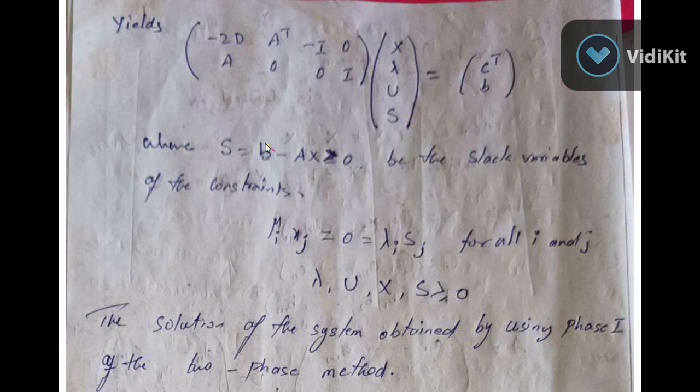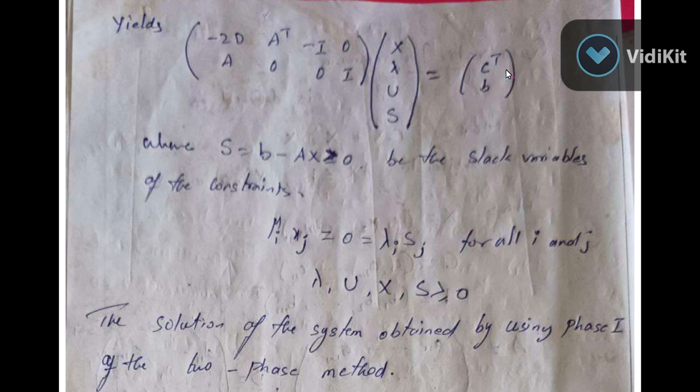S is equal to b minus Ax, which is greater than or equal to 0, nothing but the slack variables of the constraints we are considering. On the other side, it is c transpose, b.